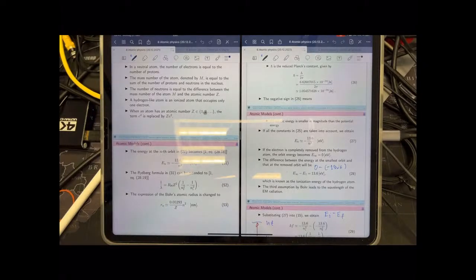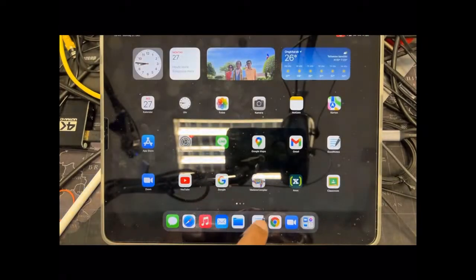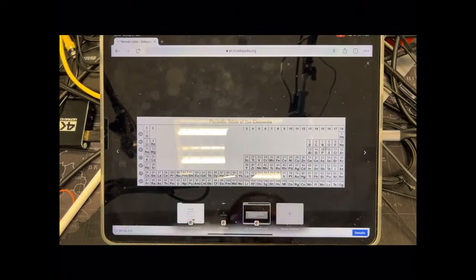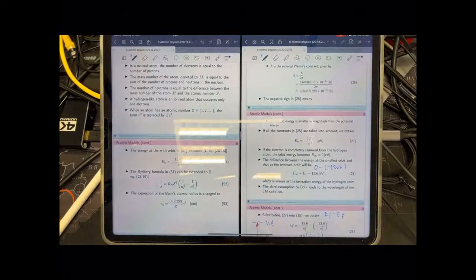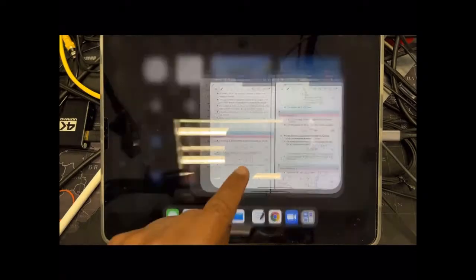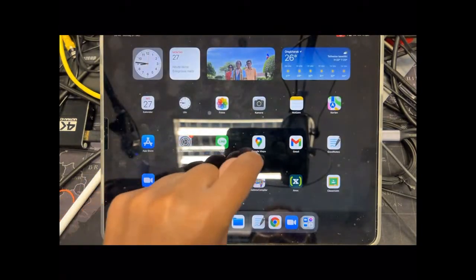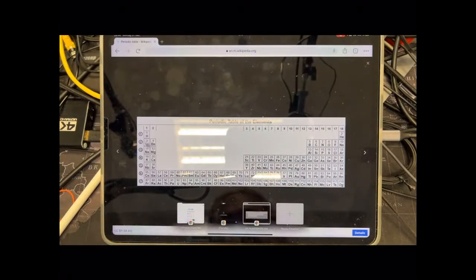But if you substitute Z by number 2, you're going to have the expression for helium, the second element on the periodic table here. Next one, if you use Z as number 3, it means you are talking about the lithium atom.